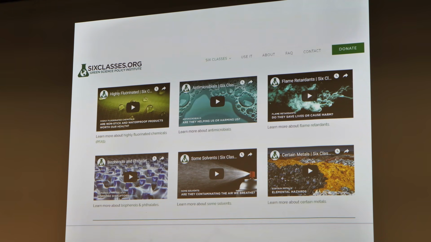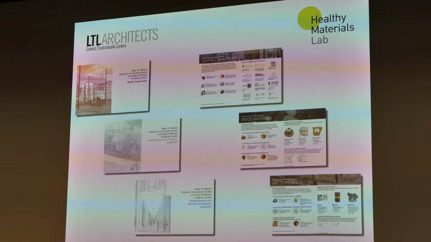And these include highly fluorinated chemicals, antimicrobials, flame retardants, bisphenols, phthalates, solvents, and certain metals. 6 classes of chemicals. We need to do that not just in the design phase, but in the construction manuals, going to the contractor, and into the operations manual afterwards for the cleaning products.